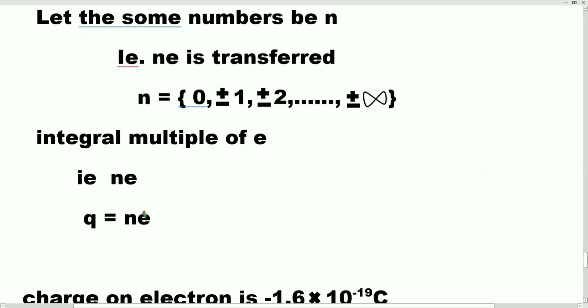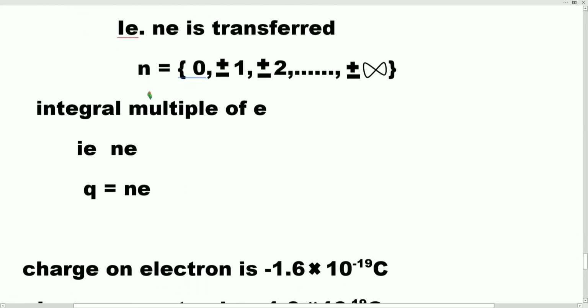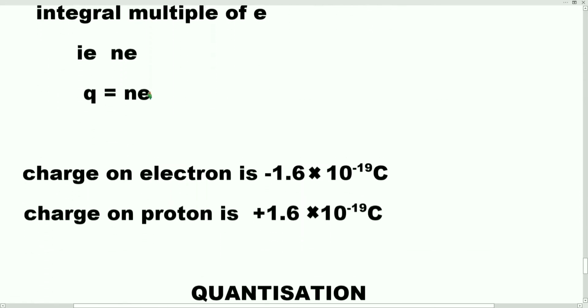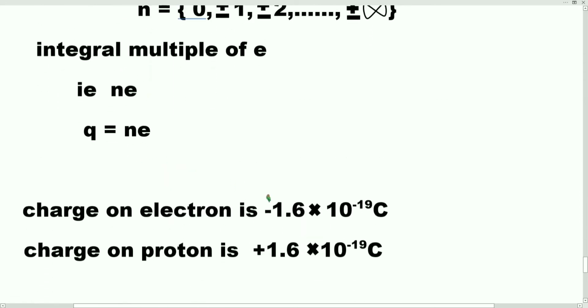That is Q = ne, where n is an integer. Robert Millikan found the value of e to be 1.6 × 10^-19 coulomb. So the charge of an electron is -1.6 × 10^-19 coulomb, and the charge of a proton is +1.6 × 10^-19 coulomb.